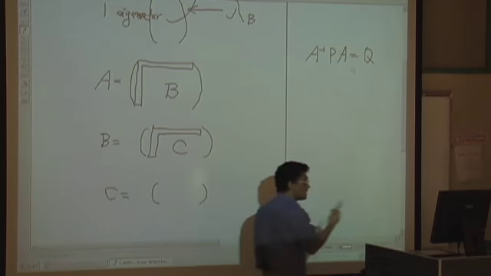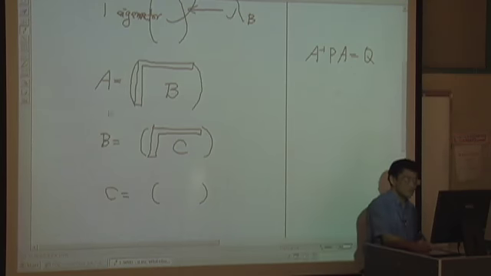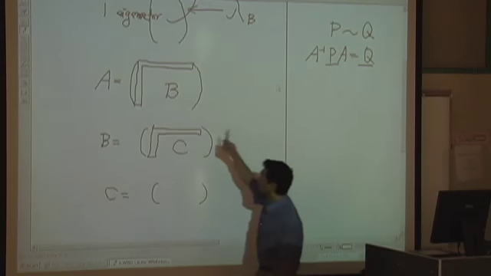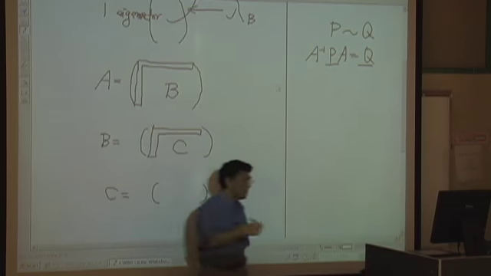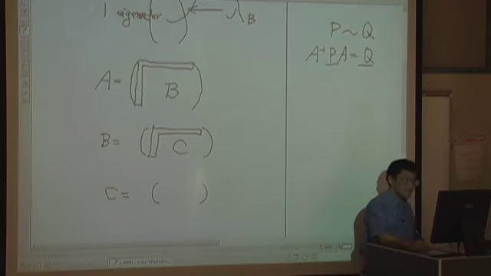If we can achieve this by using similarity, we use the notation like this: P and Q are similar. If P and Q are similar, then they share the eigenvalues. So what is the goal? We want to achieve this thing. Matrix A, right?